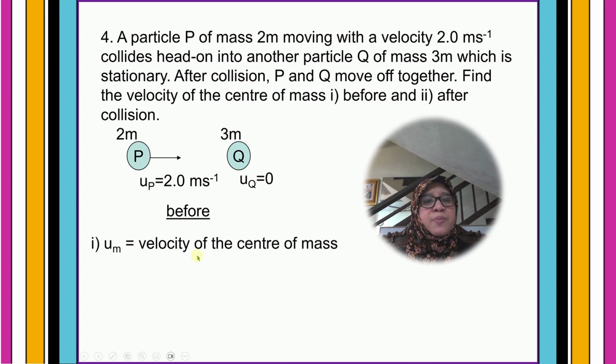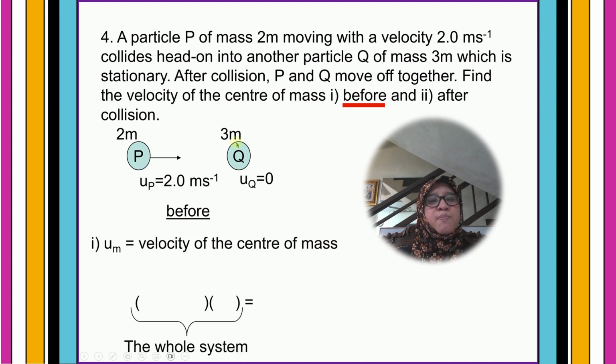So before collision, using the center of mass, um is the velocity of the center of mass. We use the total mass of the system, so 2m plus 3m.